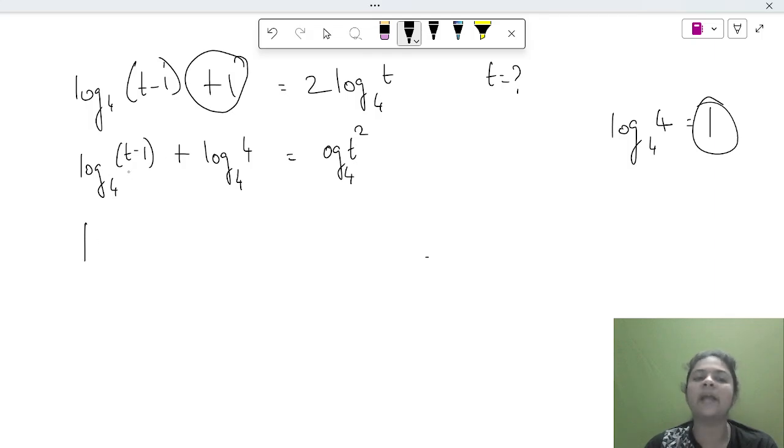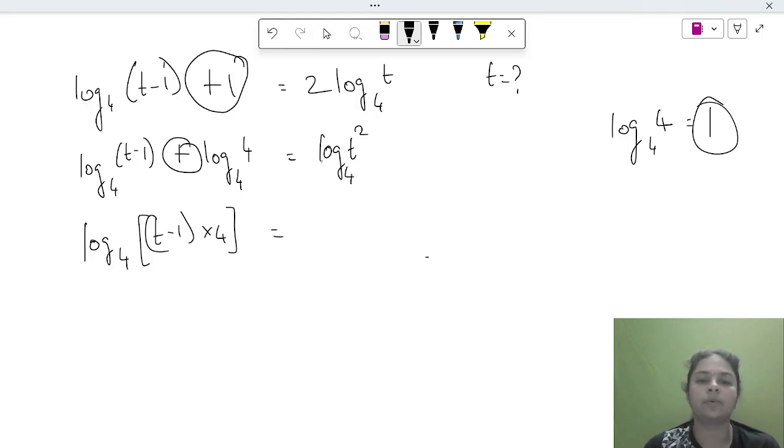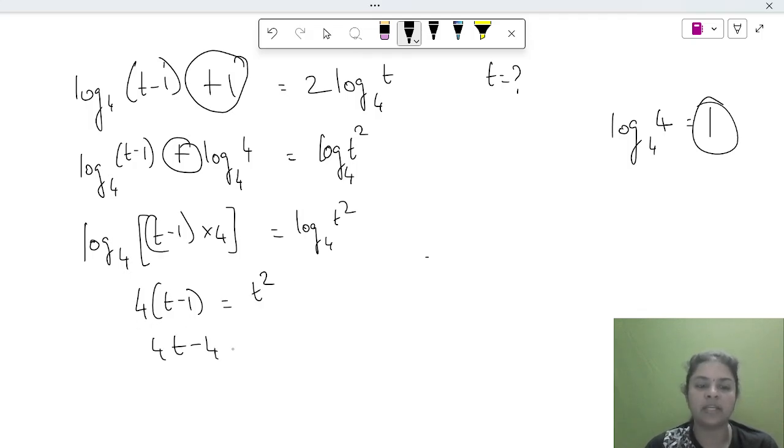Now when two logarithms are in plus sign, the values can be multiplied. So log to the base 4 of (t minus 1) into 4 is equal to log to the base 4 of t square. Therefore we can write 4 into (t minus 1) is equal to t square, or 4t minus 4 is equal to t square.